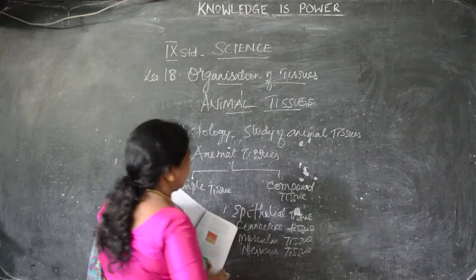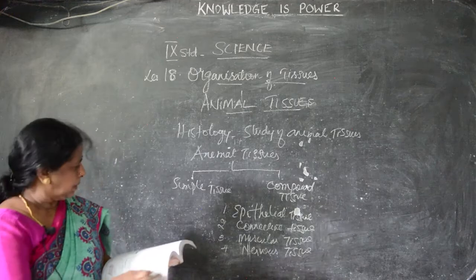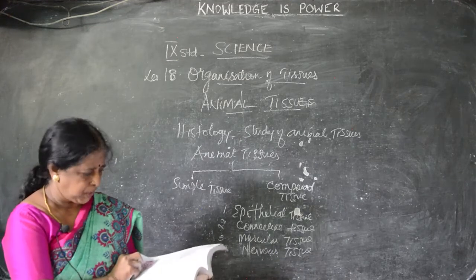How many tissues are there? Epithelial, connective, muscular tissue and nervous tissue.